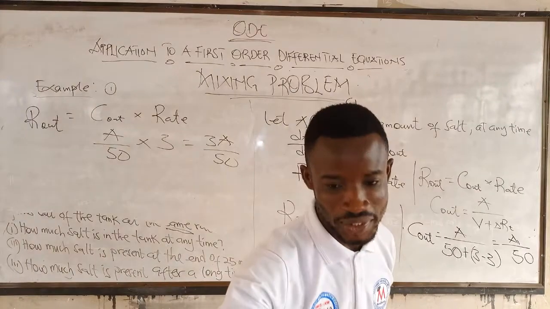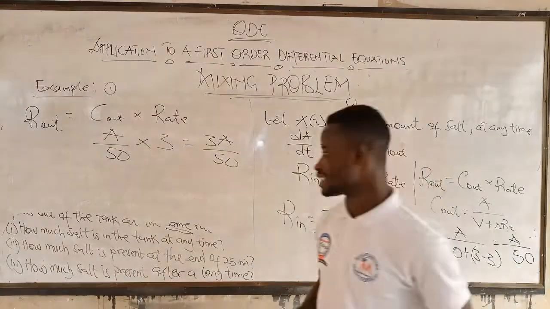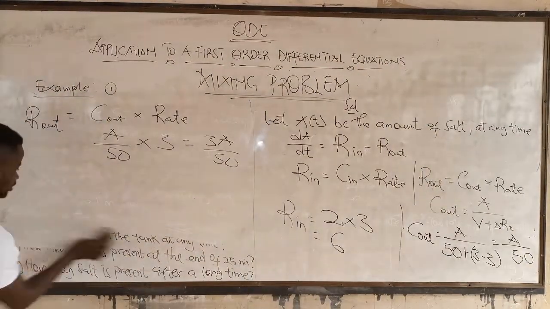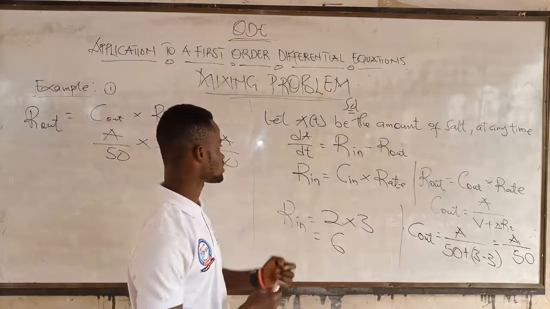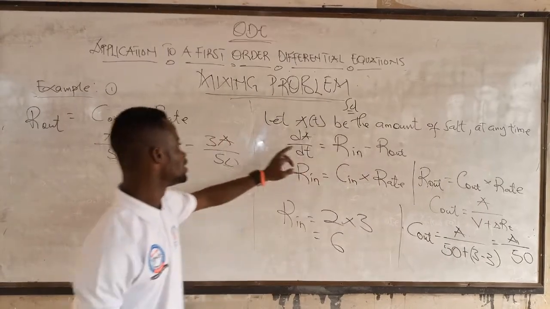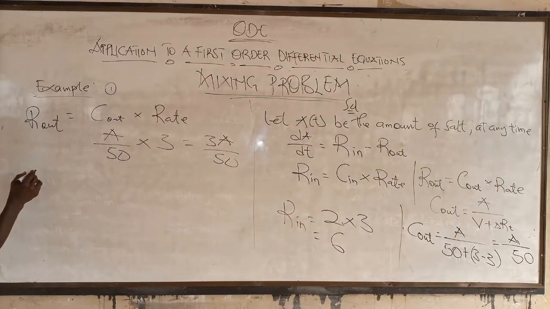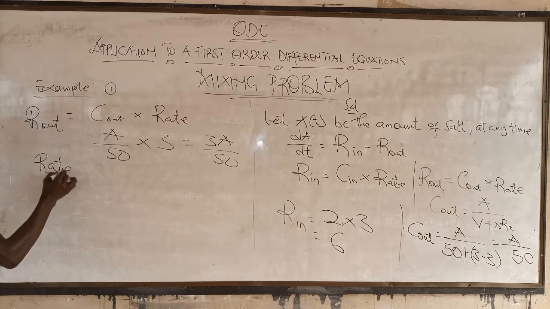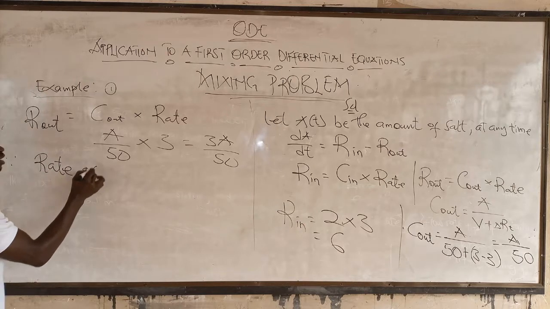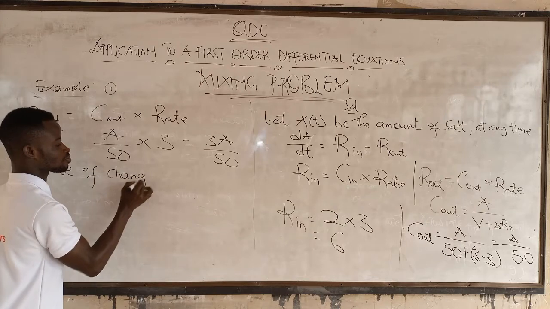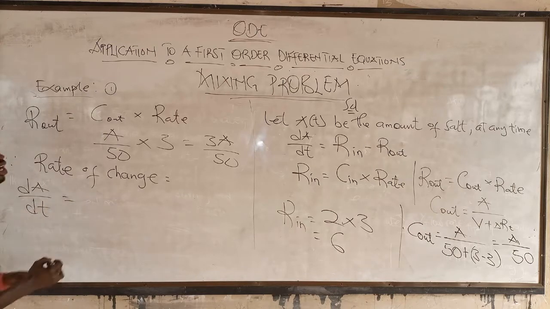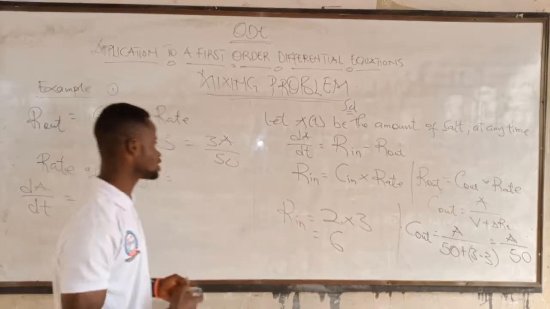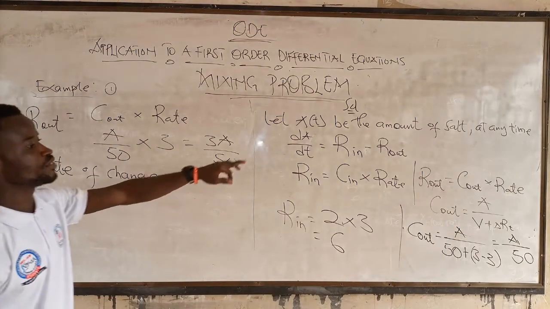What is the next thing to do? Then we write the IVP. Don't forget, let's write it in this form. The rate of change, therefore the rate of change, which is dA/dt or A prime of t, is equal to rate in.